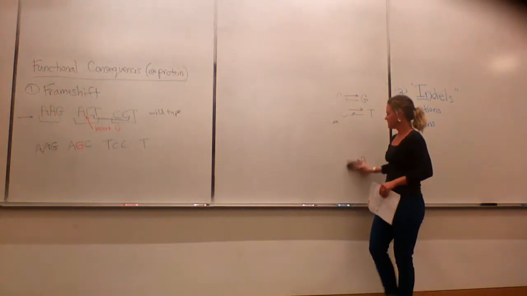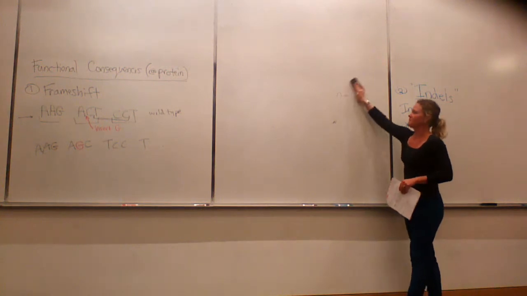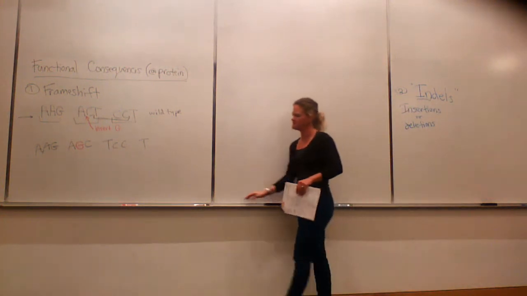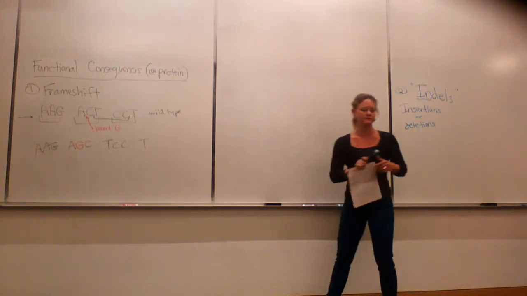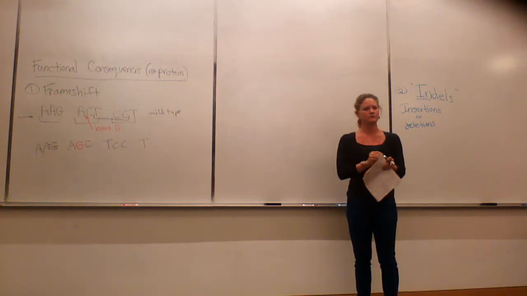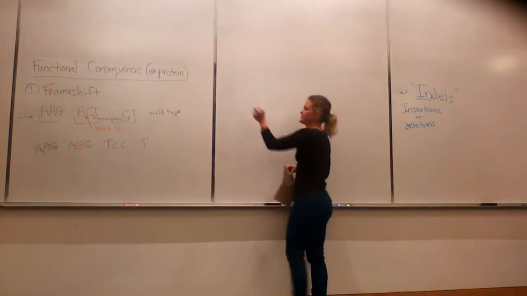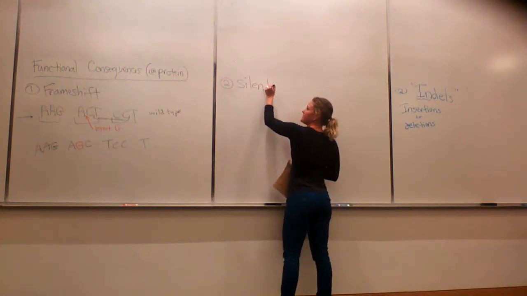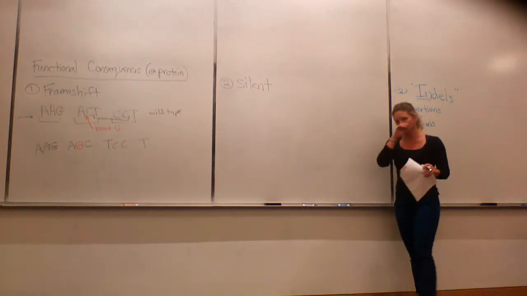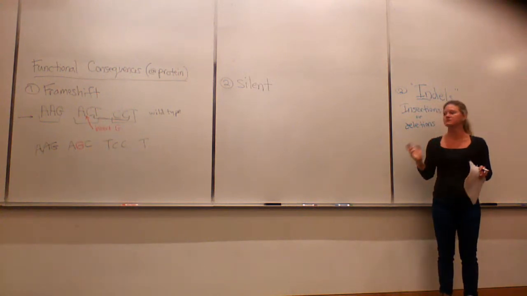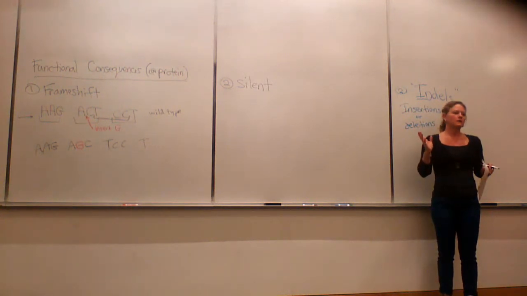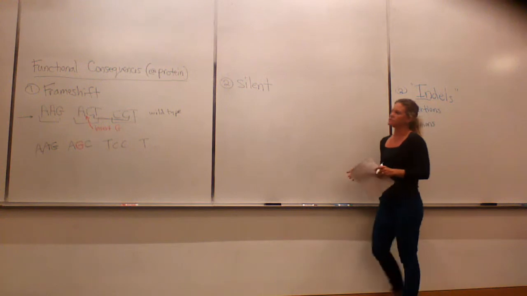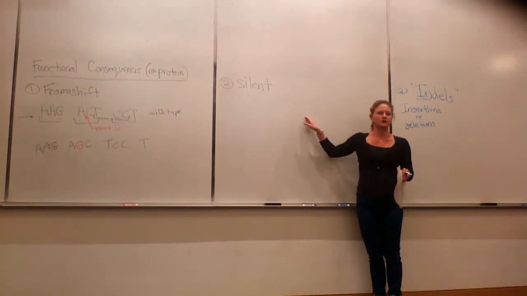Okay. So what else can we have happen? Some of this should maybe be somewhat review, a silent mutation, right? So that was kind of my original thinking, if you made a substitution, a transition or transversion, that somehow doesn't change the amino acid sequence. You might also see this called synonymous.